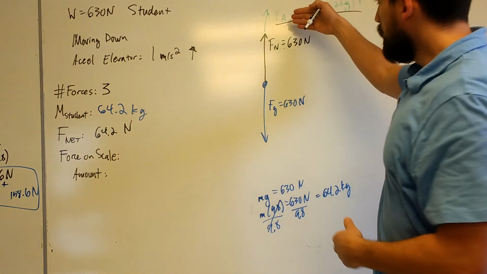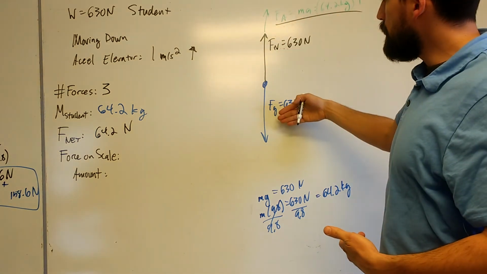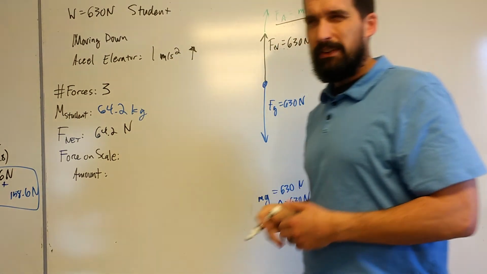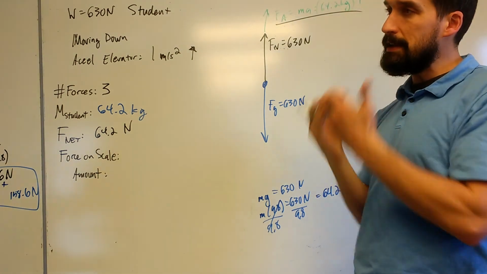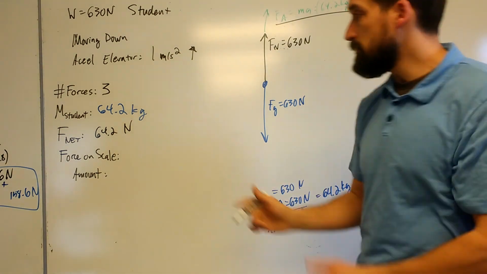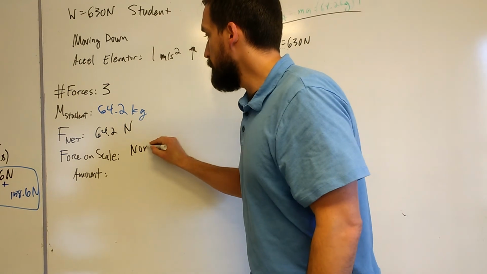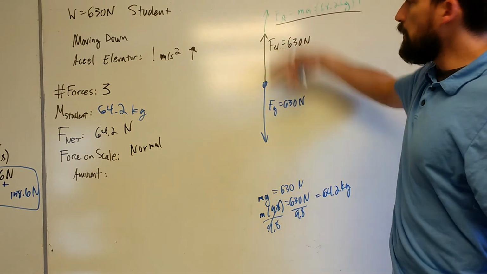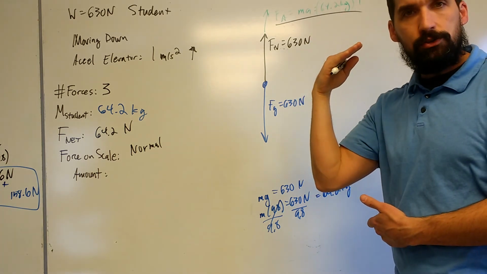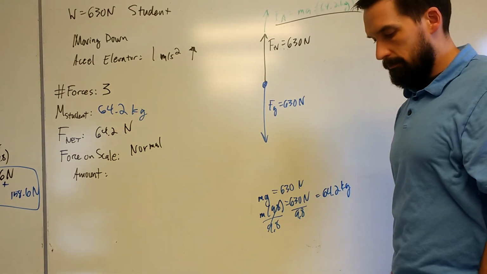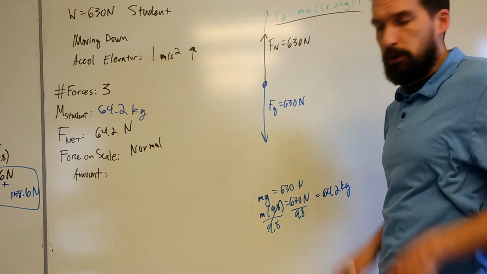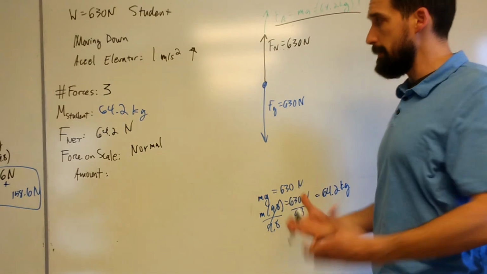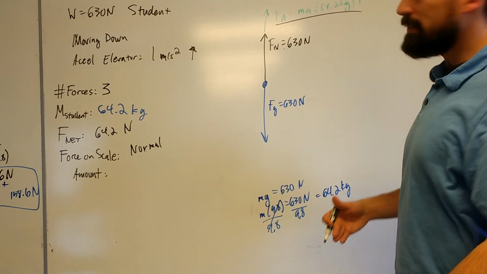Looking at, I have two choices, either the force due to gravity or the normal force for this problem. If you're getting heavier, it's actually measuring greater than your weight. And so this has to be the normal force. But the other reason is that because the scale is below you, it's experiencing all of this in the opposite direction. Moving downward on the elevator pushes you down harder onto the scale, so it's feeling more than your body weight.